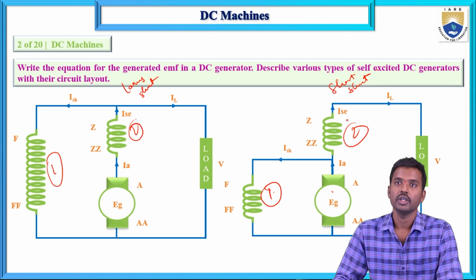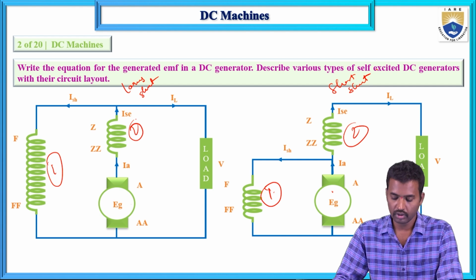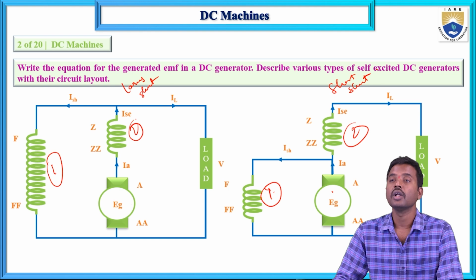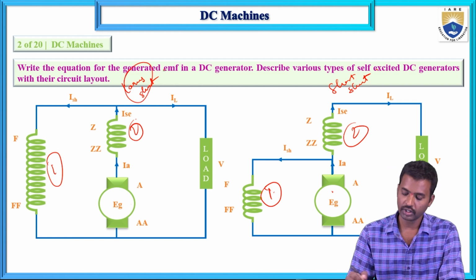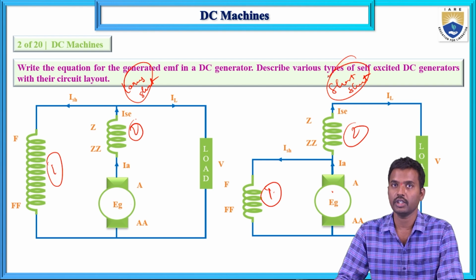In this way the field windings are connected with the armature. So there are three types of self-excited DC generators: series generator, shunt generator, and compound generator, which is further classified into long shunt and short shunt DC generators.